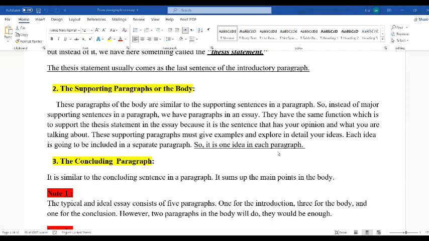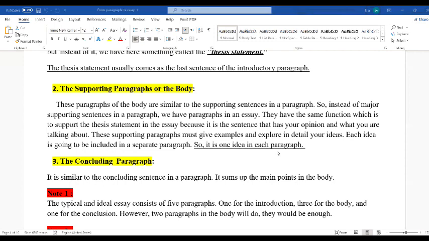ideas. Okay, so in the first body paragraph, I will talk about better education. They travel for better education. In the second body paragraph, I will talk about how they travel to have better job opportunities. Okay, so in each body paragraph, I will have only 1 idea.